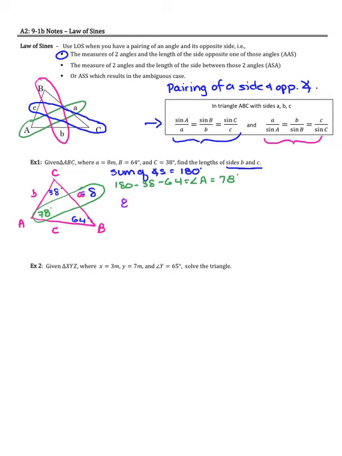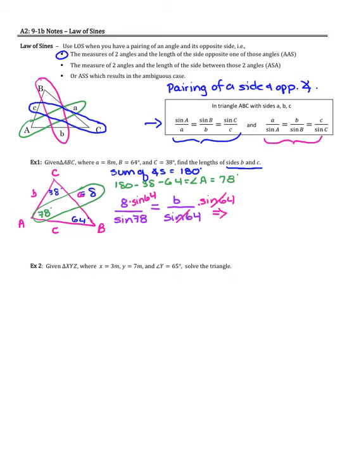So my ratio is that 8 is to the sine of 78 as, so if I'm going to solve for B, that goes on top, is to the sine of 64. And since I'm solving for B, what I'm going to do is multiply both sides by sine 64. And that will isolate B.